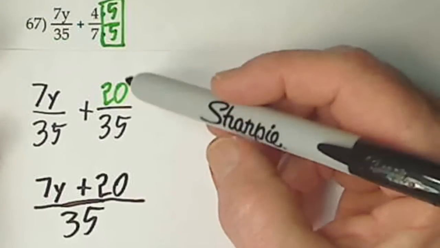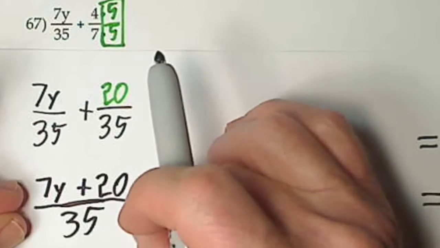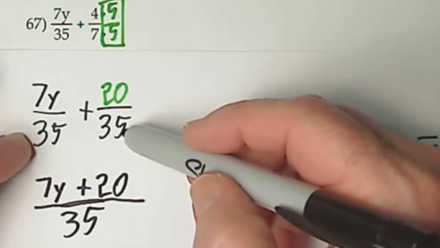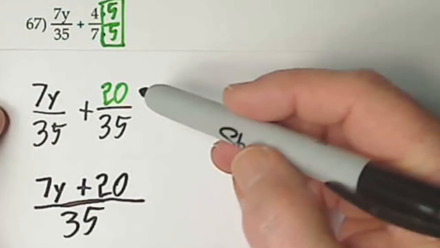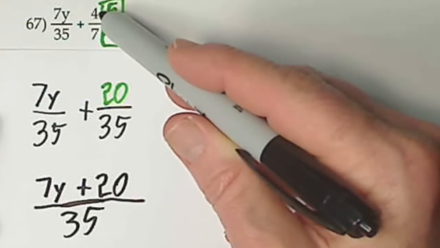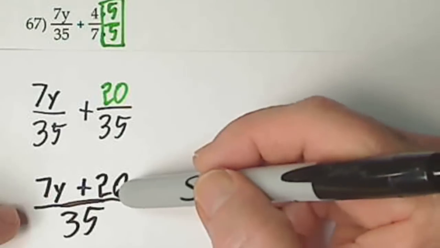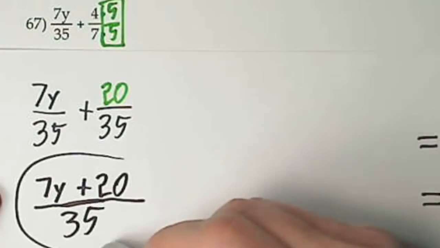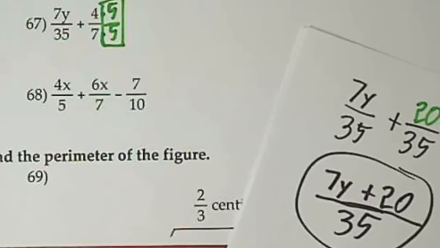Remember, these two fractions can be written like this, but there's actually a 35 in the denominator under the 7y and under the 20. I could simplify this and it would take me right back up to 4/7, but then I wouldn't have done anything. So this is how you answer. Number 67.